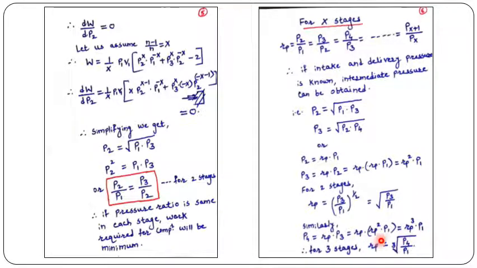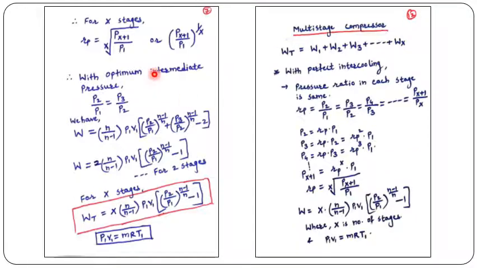So, for x number of stages, whatever is the final pressure at the end, that is delivered from the x stage, divided by P1, if you take the xth root of that ratio, then I will get Rp. Once I get Rp, I can easily get intermediate pressures, because Rp is equal to P2 by P1, P3 by P2, P4 by P3, P(x+1) by Px.